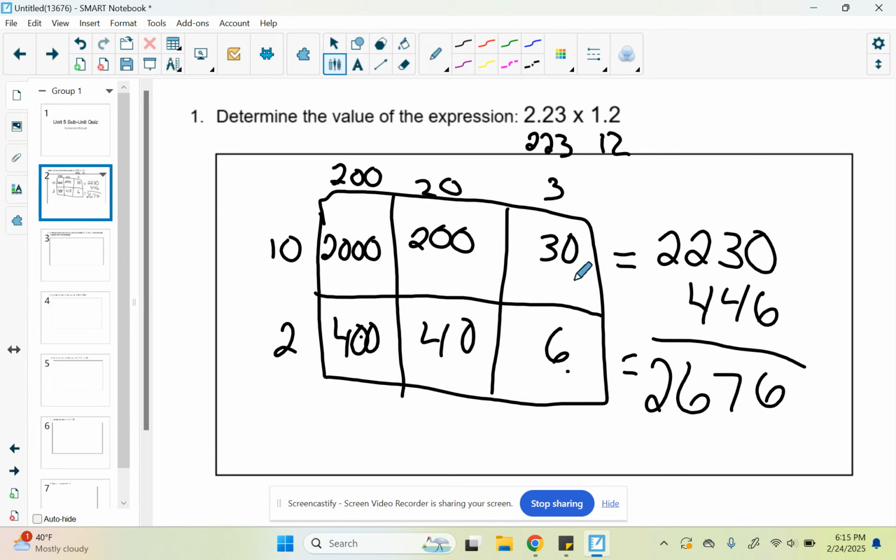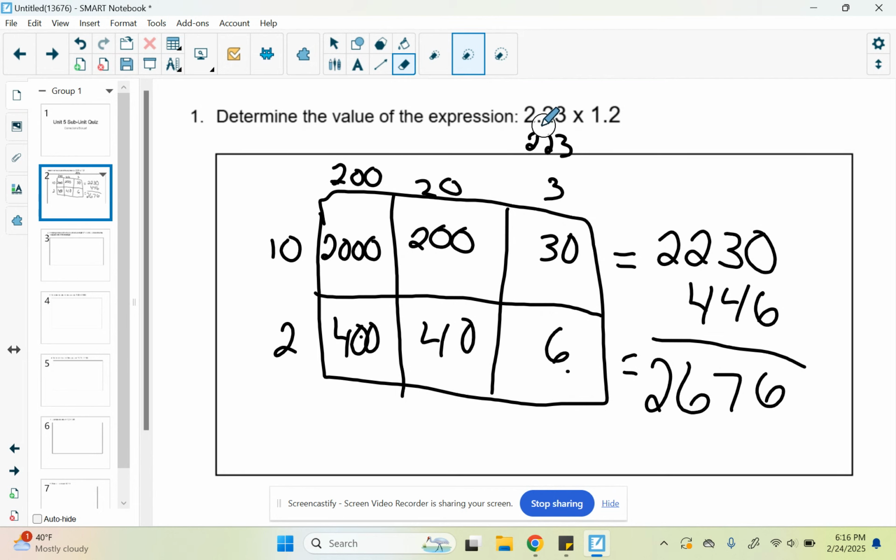All right, so now we need to put back our decimal point. We need to think about how many places we had in our factors.